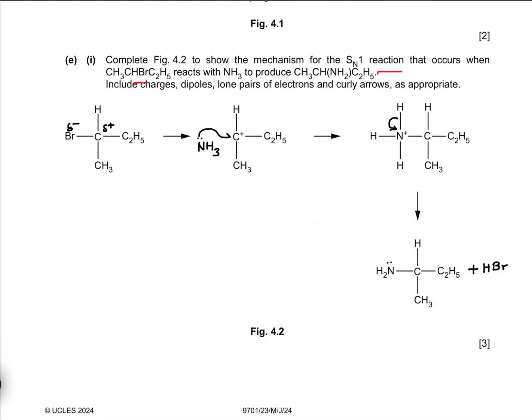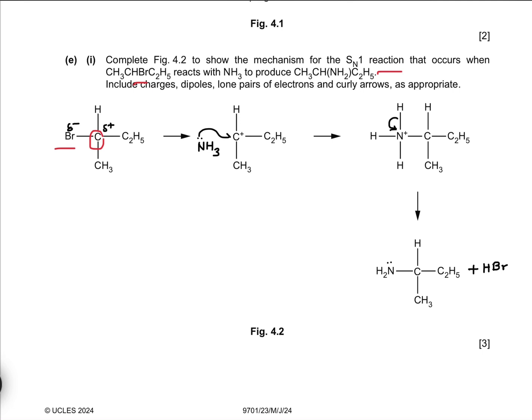So here we can see it is a butyl bromide, 2-bromobutane. Here the carbon will gain a partial positive charge and the bromine will have a partial negative charge, again because of their electronegativity and polarity difference.